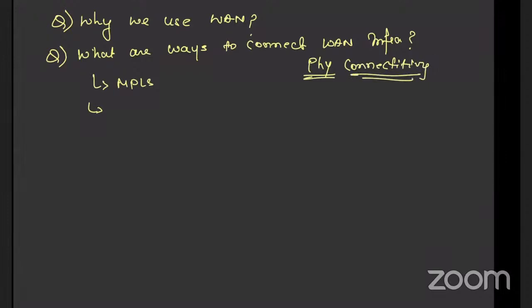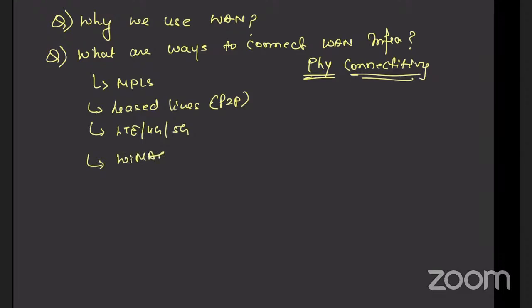So leased line, VPN, MPLS. What else? 5G or 4G wireless, LTE, 4G, 5G. VSAT, WiMAX. Okay, so these are some of the ways via which you can connect.